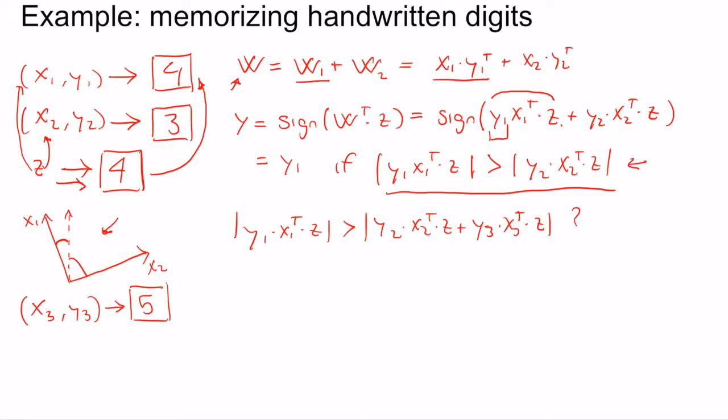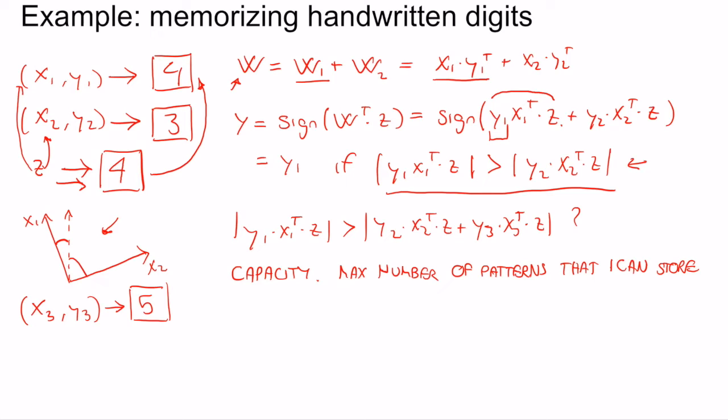That's called the capacity: the maximum number of patterns that I can store while being able to recall them. So it's important that I can recall them.